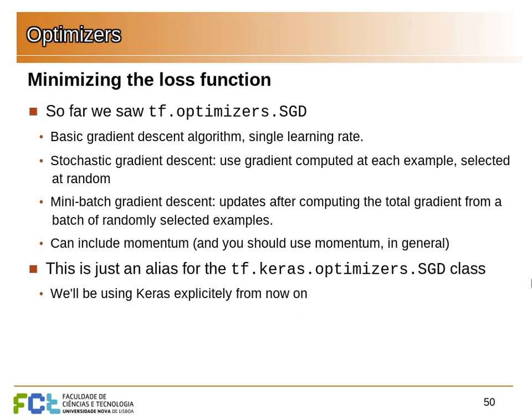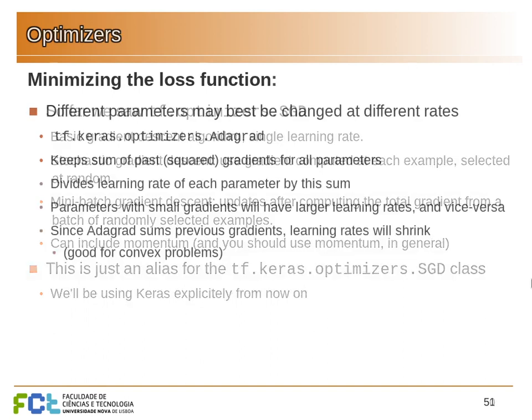This one basically gets the gradient information, uses a learning rate that we provide, generally a fixed learning rate, although you can schedule some changes, and then it will update the parameters based on that gradient as we saw previously. You can include momentum, and you should, so in that case it can speed up if it's going always in the same direction. But this is basically what the SGD optimizer does.